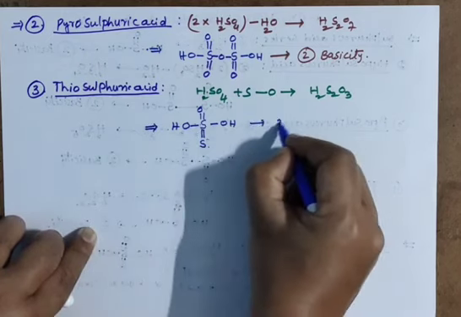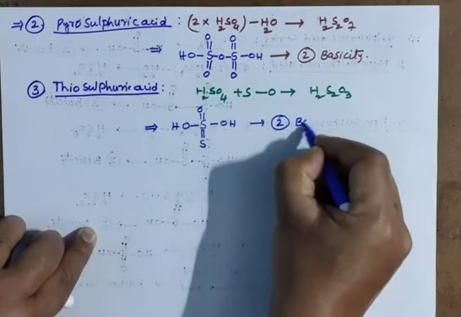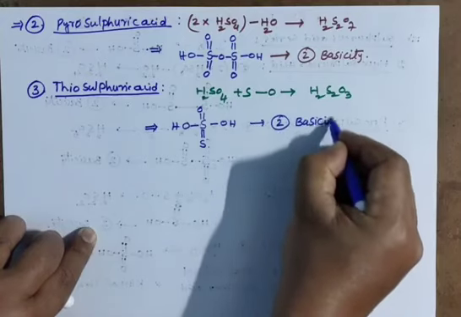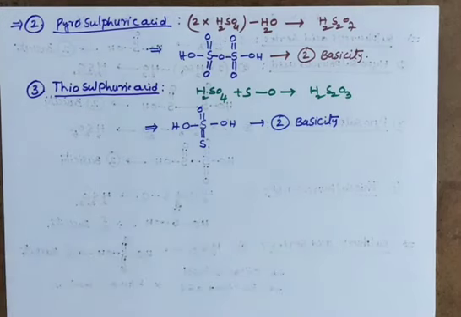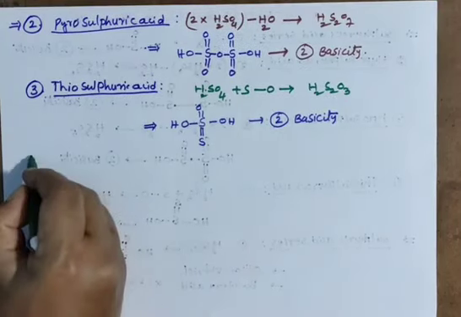So 2 is the basicity. This is thiosulfuric acid structure. And we'll discuss few more in this series.